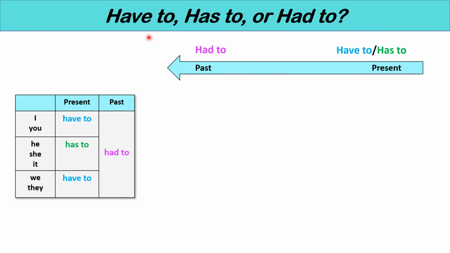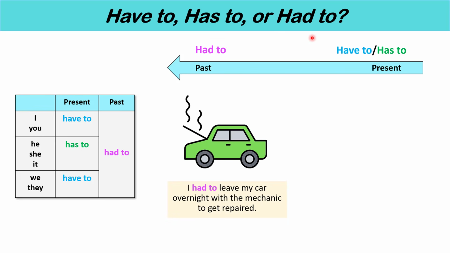So what is the difference between have to, has to, and had to? Well, had to is in the past tense. For example, I had to leave my car overnight with the mechanic to get repaired. So imagine yesterday, it was necessary, I had to get my car fixed and leave the car overnight at the mechanic's.